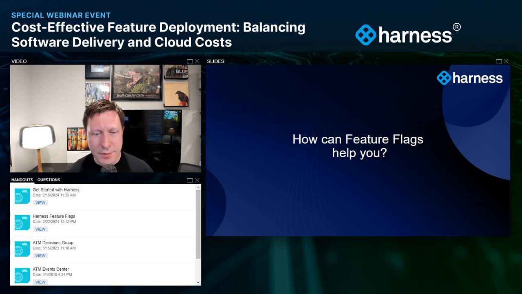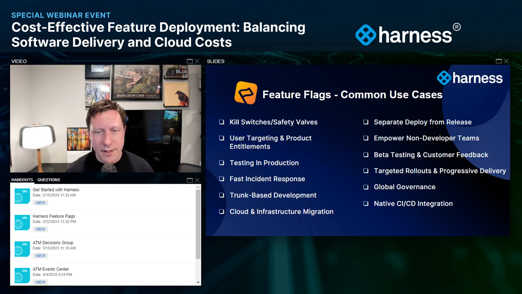So how can feature flags help you specifically? Here are some great use cases I always like to talk about. They're pretty common today. Most people that have heard of feature flags or use them maybe just use a homegrown solution, like in their database they have a config file or an environment variable that changes certain settings or parameters.